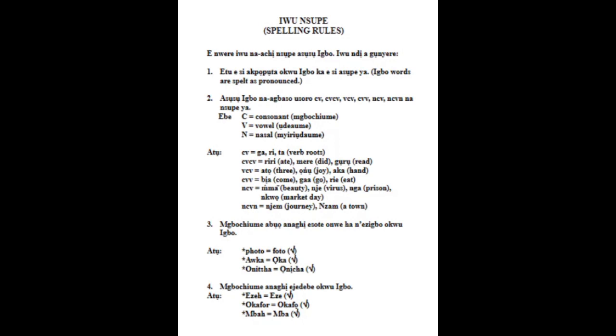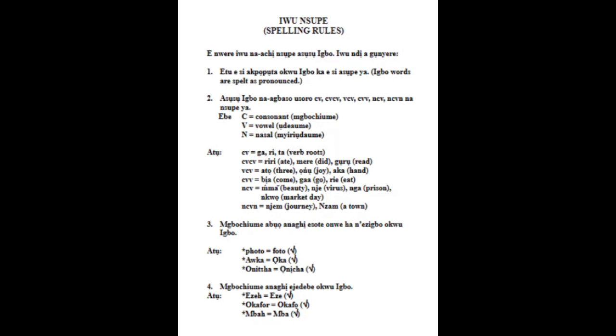Nzam is the name of a town. The first one is ne, nasal, and the last letter is me, nasal also. The two letters in between are C and V, that is consonant and vowel.